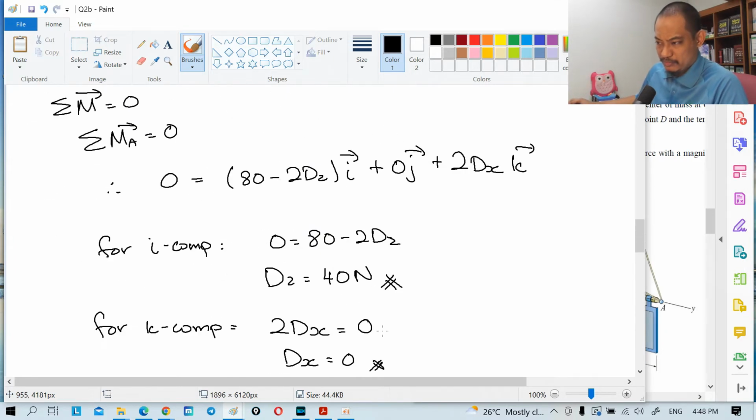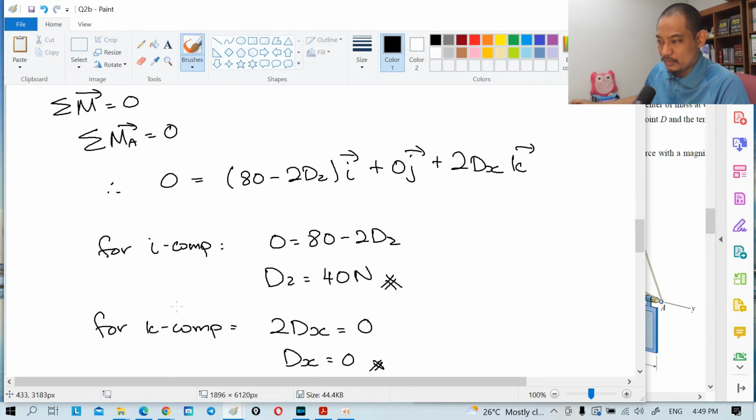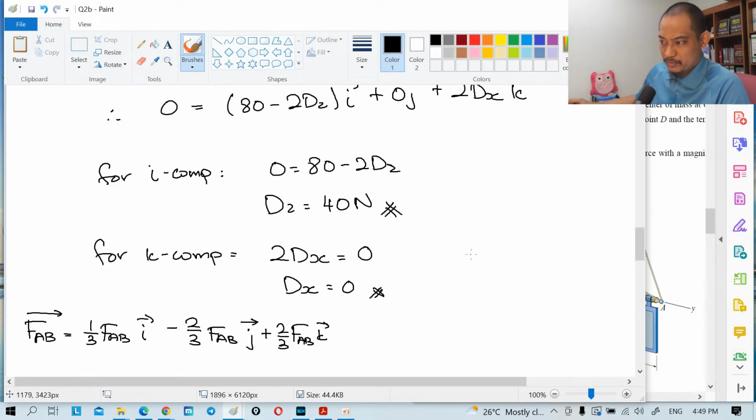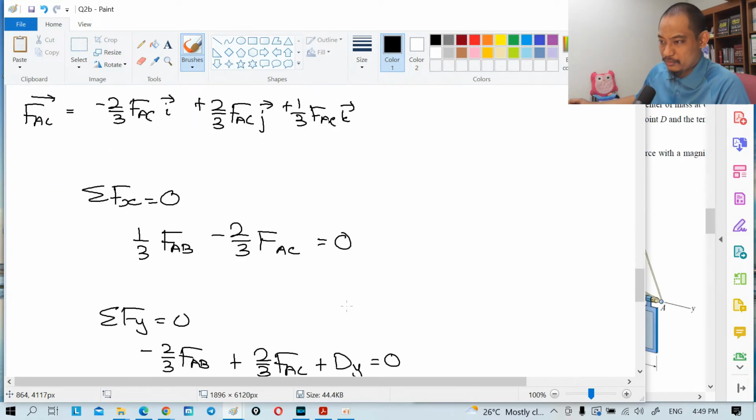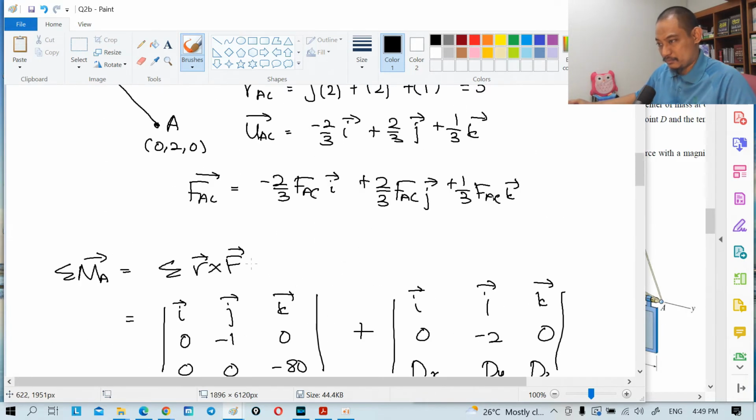Okay, summation of Fz, you have to consider the weight as well, right? Wait. Okay, yeah, this is for moment, right? For moment, this is the case, but for summation of forces, it should include the weight. The weight is 80, right?